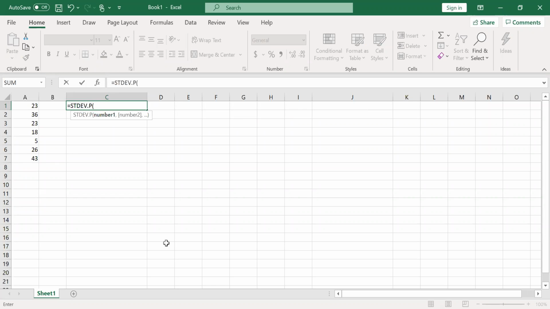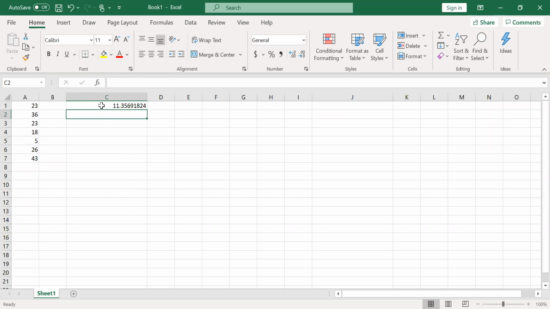It's just for this example. So I'm going to take the standard deviation of a population. Okay, cool. So the standard deviation of this population of 7 numbers, where we divide by 7, is about 11.36.